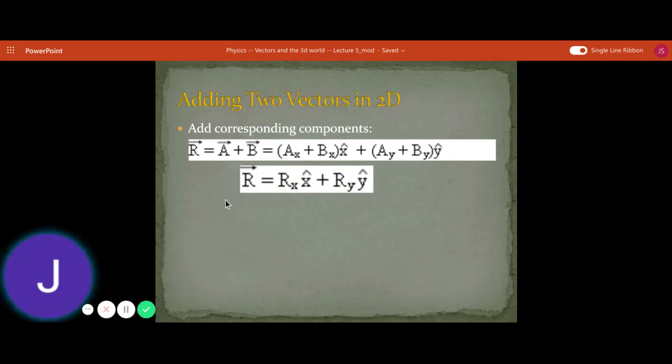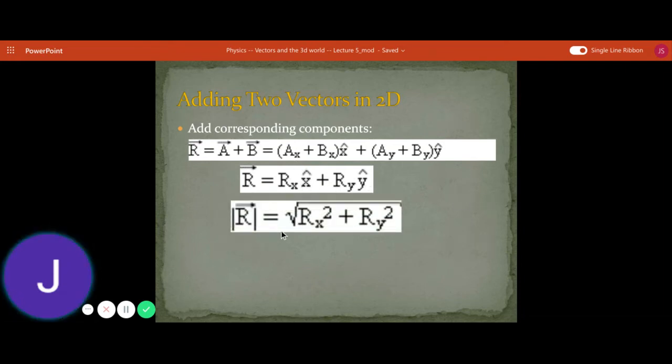And then to find the resultant vector, you take the net x component, call it r sub x, and the net y component, r sub y, and you could write it this way. You could also use these values to figure out the magnitude by applying the Pythagorean theorem. And you could find the direction of the resultant vector R by using the inverse tangent.